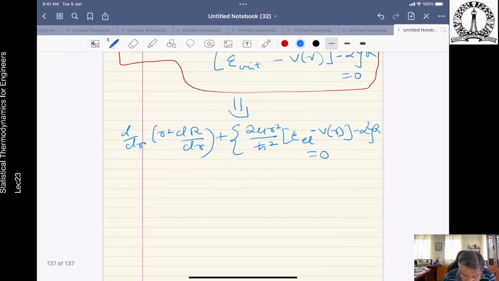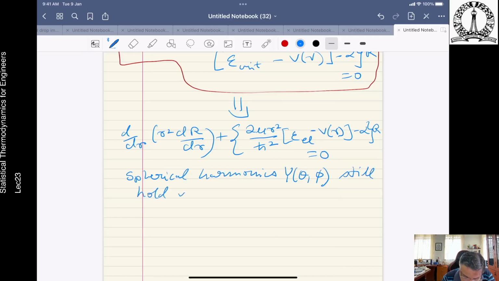So here, of course, the spherical harmonics Y still hold in the theta and phi directions.